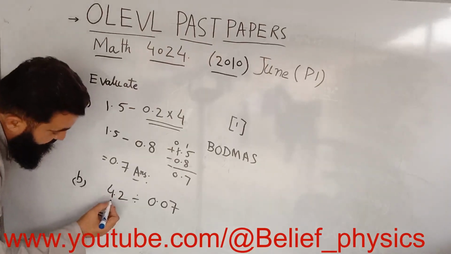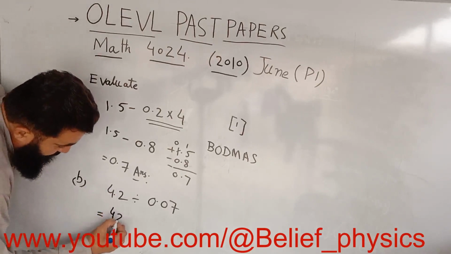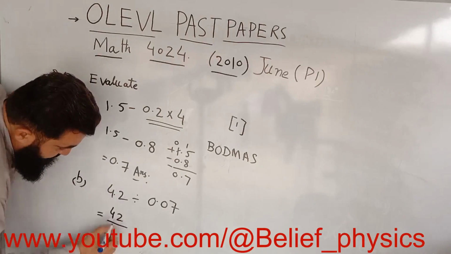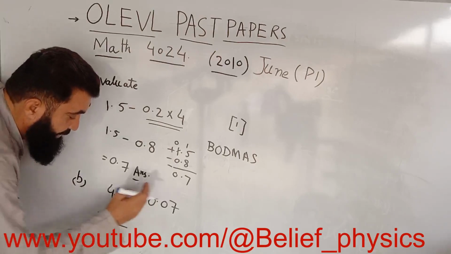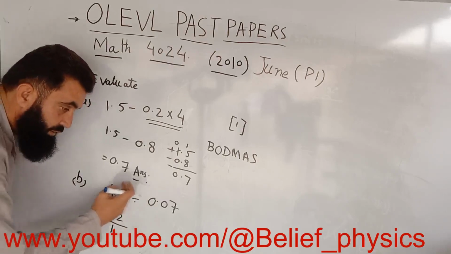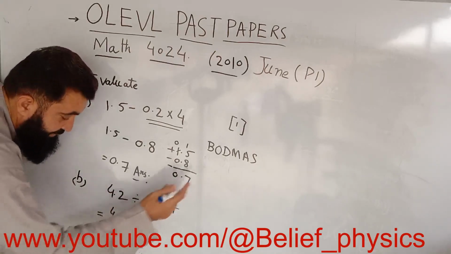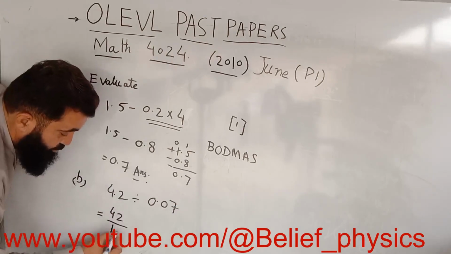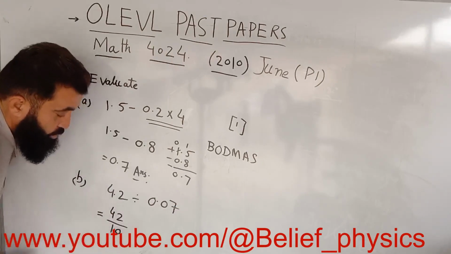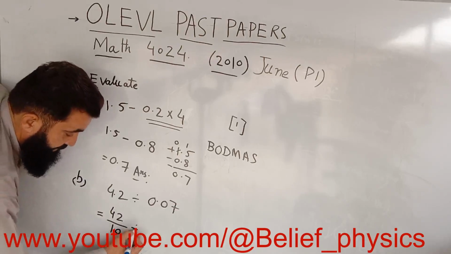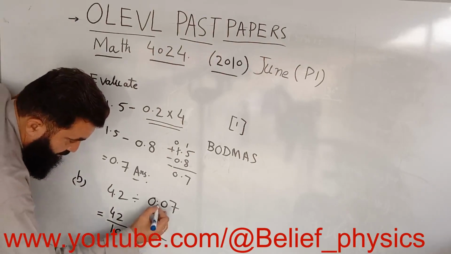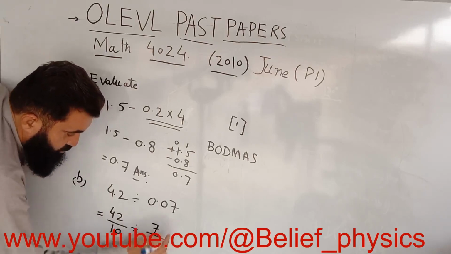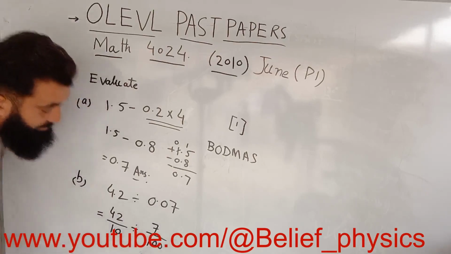We will write 42 here. Put a 1 under the decimal point and a 0 under all the digits towards the right hand side of the decimal point. Only one digit 2, so it will become 42 over 10, divided by 7 over, here we put 1 and 2 digits, so 2 zeros. It becomes 7 over 100.